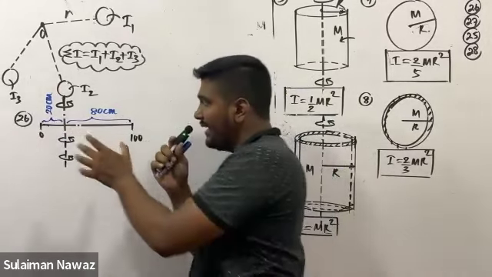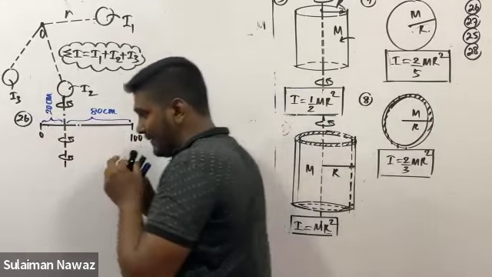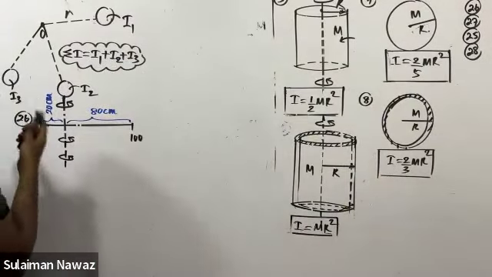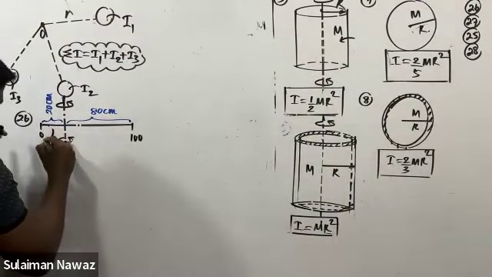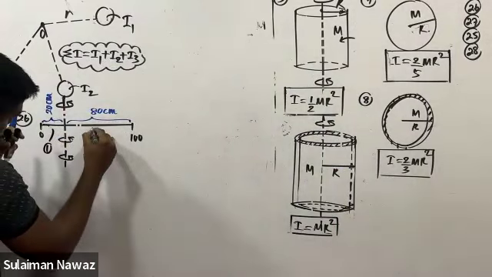You should break this meter roller into two parts. This is part 1, and this is part 2.